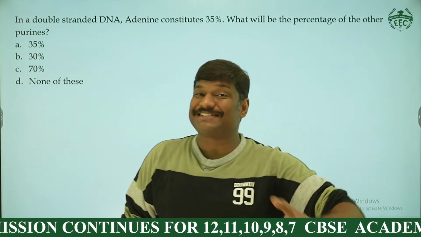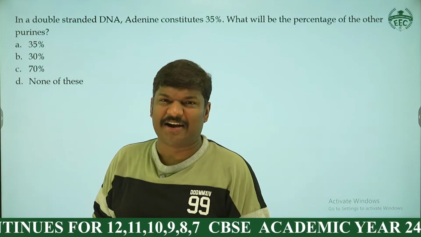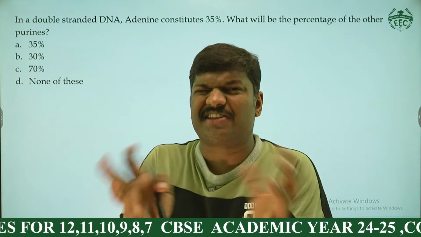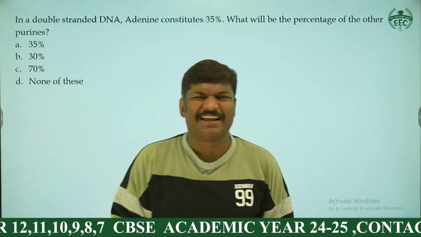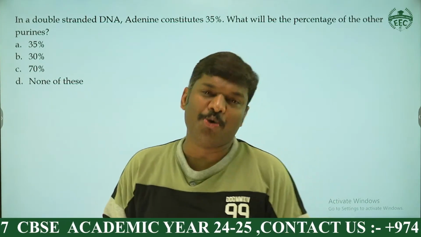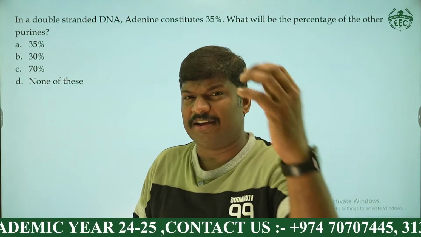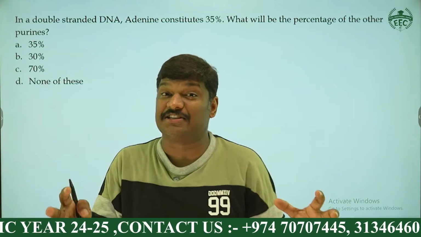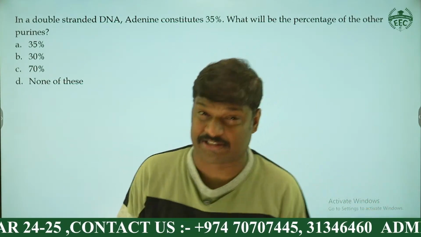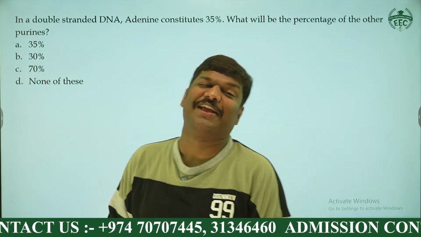Later, the X-ray diffraction model was given by Wilkins and Franklin to explain the structure of a double helical model. Unfortunately, that also was not a successful move. But based on the X-ray diffraction data by Franklin and Wilkins, in 1953, James Watson and Francis Crick together proposed the double helical model of DNA.